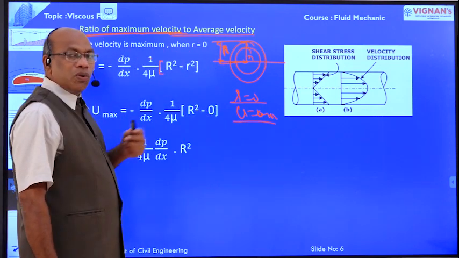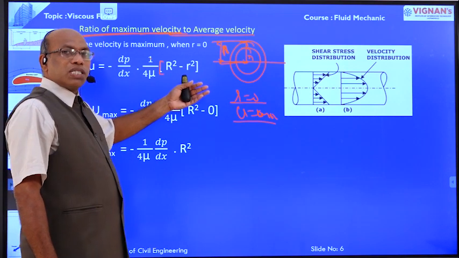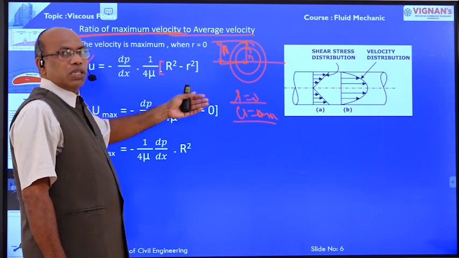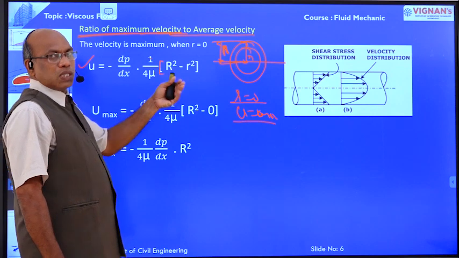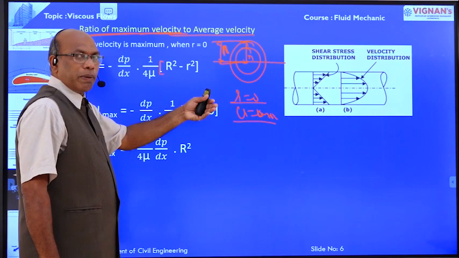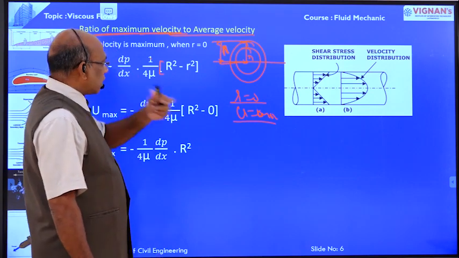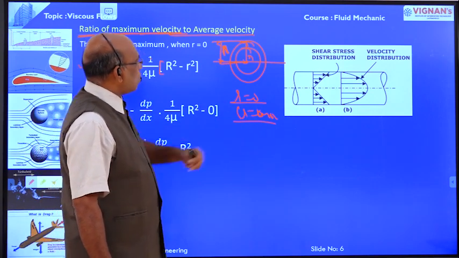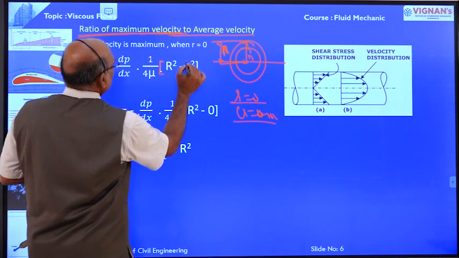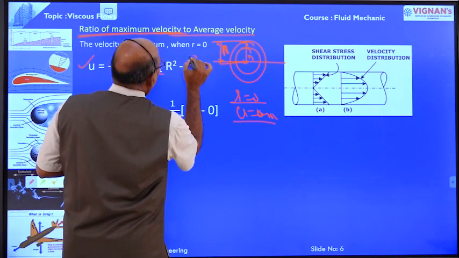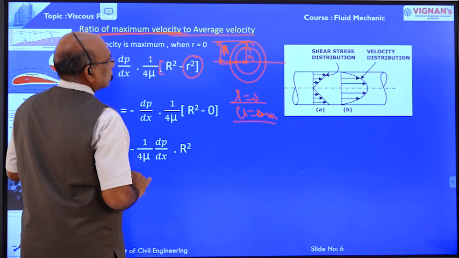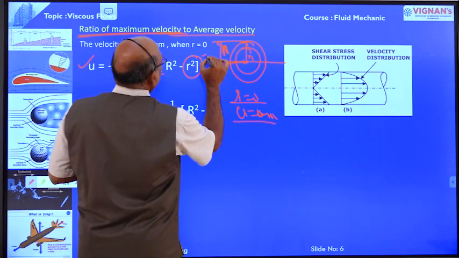I have already explained the velocity distribution in the case of a circular pipe flowing viscous fluid. Based on that, at r equal to 0, u is maximum. Therefore, in place of r, we take 0.